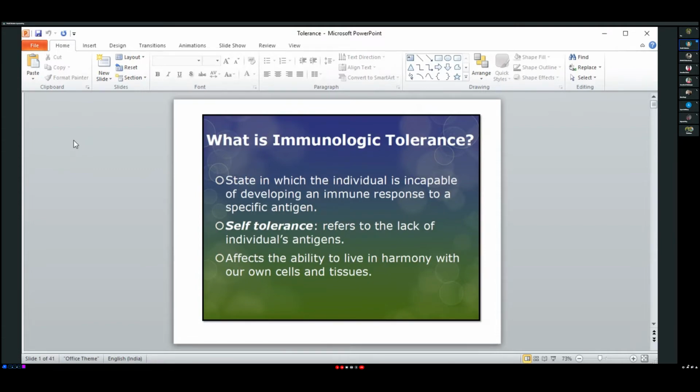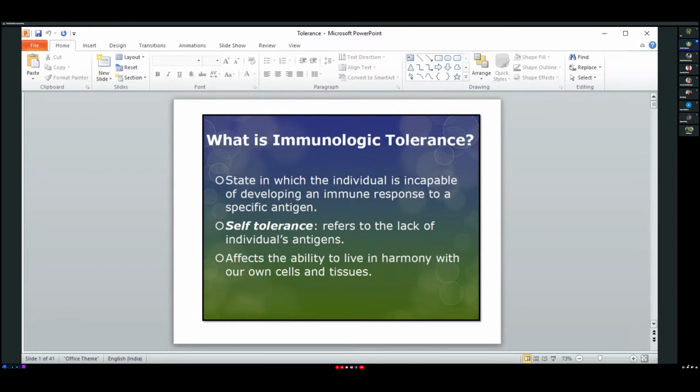I think by now all of you are aware of what immunologic tolerance is: the state in which the individual is unresponsive to a specific antigen. What is self tolerance? It refers to the lack of response to the individual's own antigen.